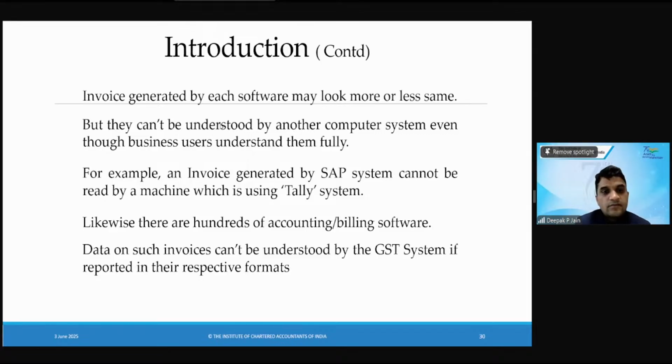Okay. Which year's annual return? Annual return for 25-26 itself. You have made a supply in 25-26, so the annual return of 25-26 has to be considered. So basically 30th November of the next financial year. Correct.